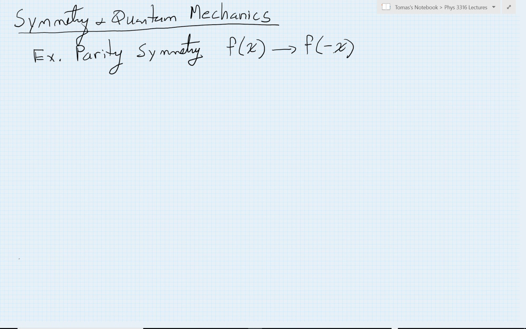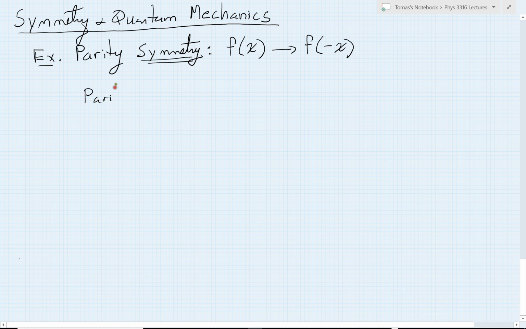Now, as we continue to think about what parity might mean, the first thing I'd like you to notice is that I've got this general map that takes me from a function to a new function. And in quantum mechanics, of course, a map that always takes us from a function to a new function is called an operator. So associated with any symmetry, and in particular this parity symmetry, there is an associated symmetry operator.